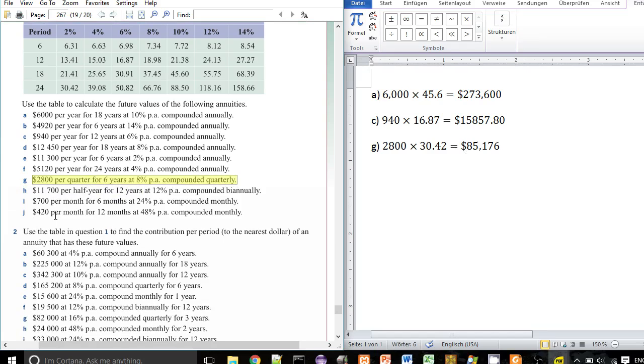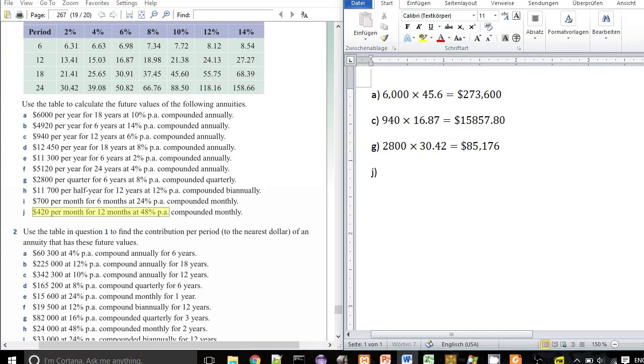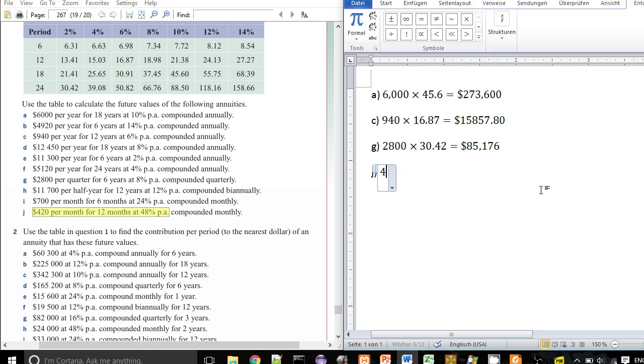Alright, let's just do one of these ones per month. Do J. If it's per half year, you just double the 12 to 24 and halve that one. But let's do J. So it's per month. So if it's 12 months, okay, it's just 12. And 48% per annum, divide that by 12. That is huge. That's crazy.